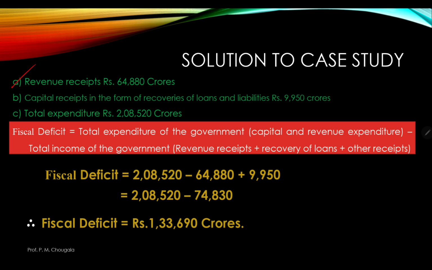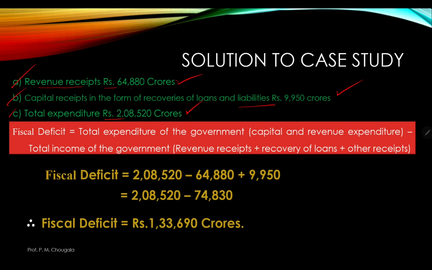See here, the revenue receipts are rupees 64,880 crores, and the capital receipts in the form of recoveries of loans and liabilities are rupees 9,950 crores, and next, total expenditure of the public sector is rupees 2,08,520 crores.